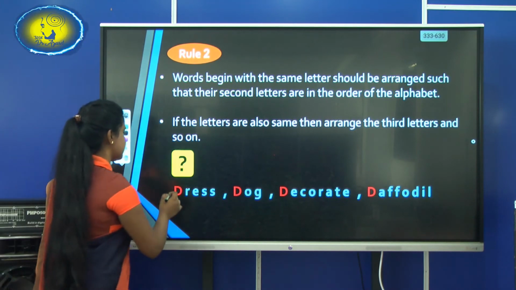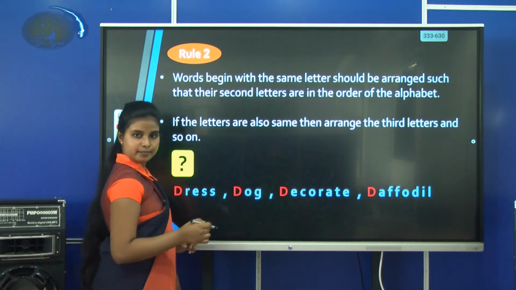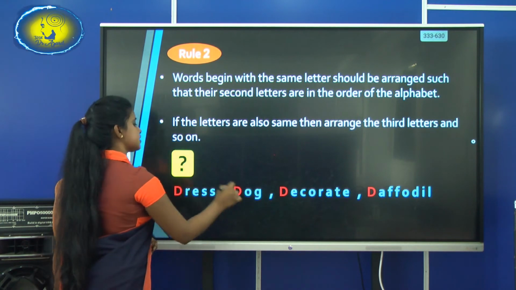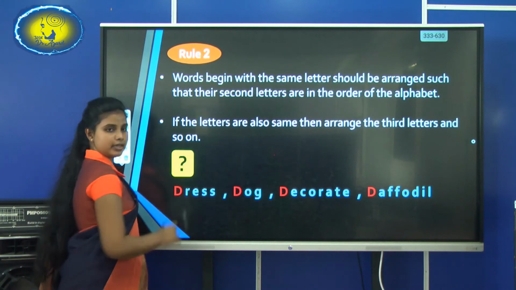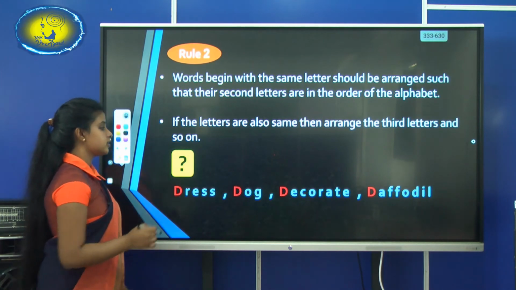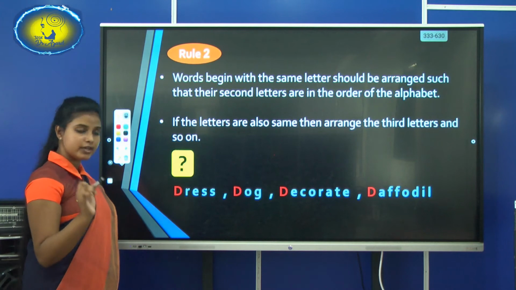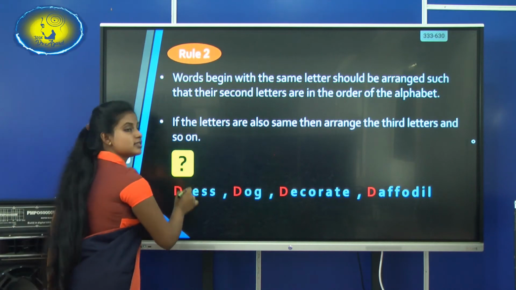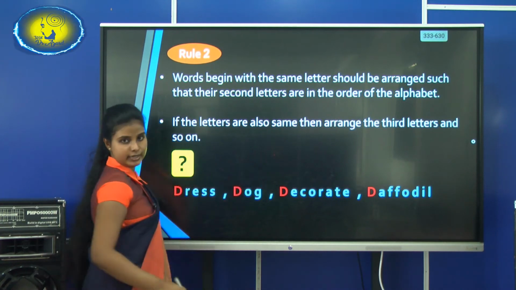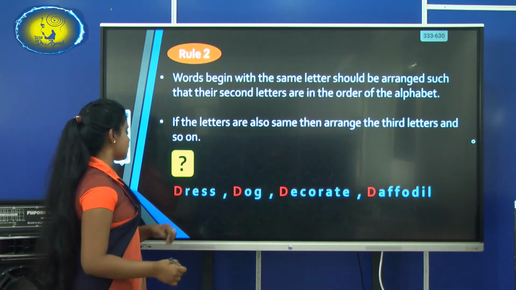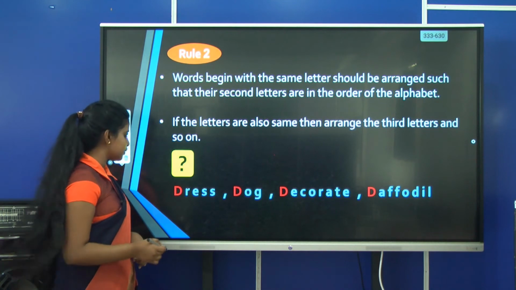Yes, obviously, because the first letters are the same. In each word, the first letter is the same. What is the same letter here? It is D. So, in such situations, we have to move to the second letter. In the first one, dress, what is the second letter, children?